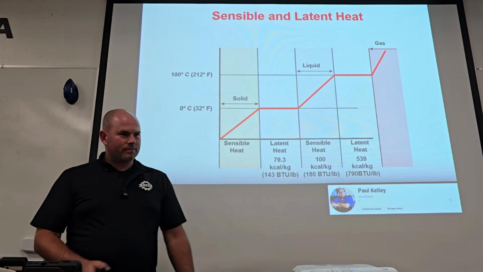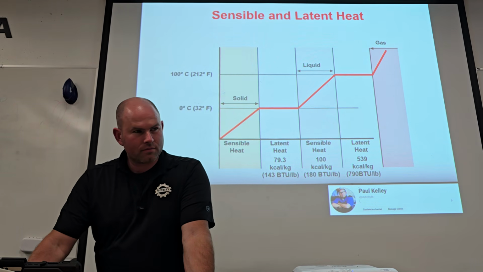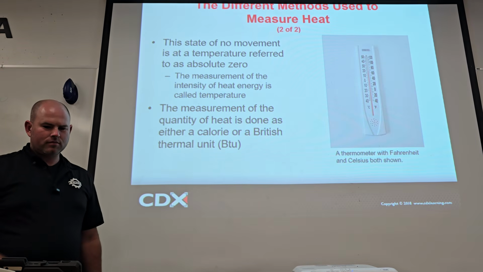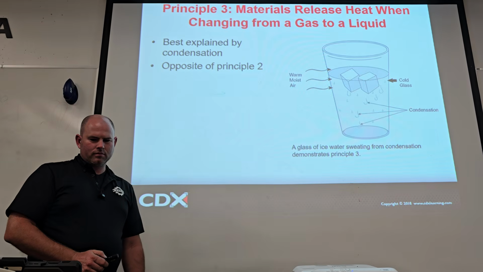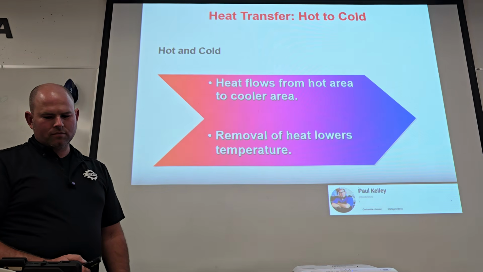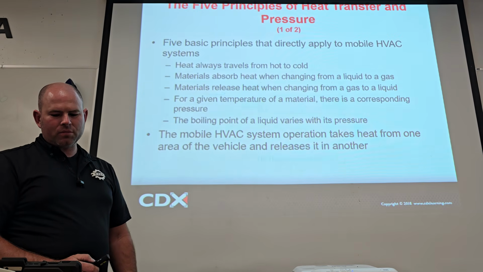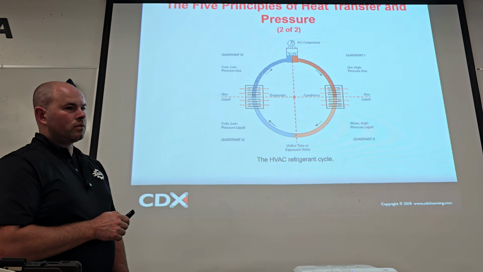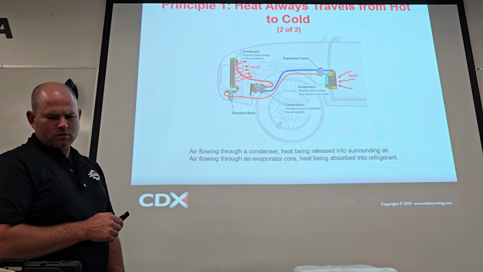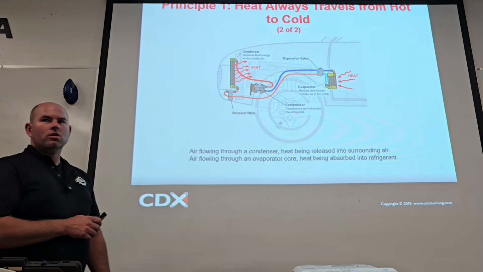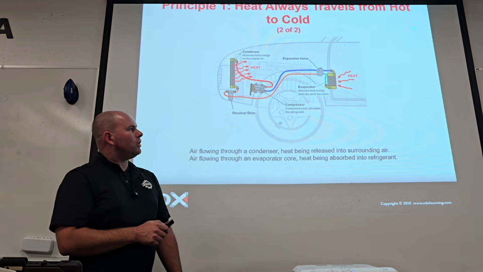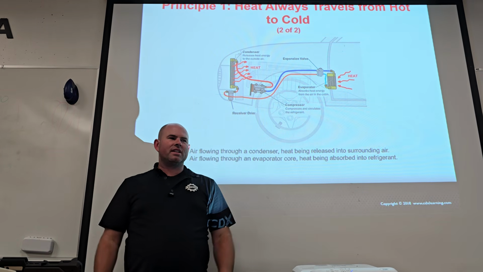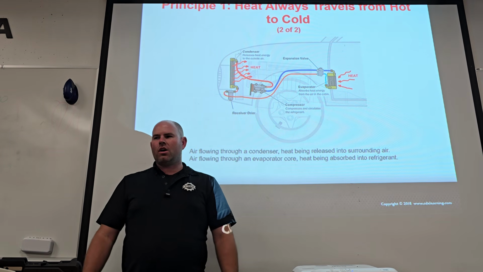All right, cool. Can you explain the principle one video slide, the one with the car there? Principle 1 was hot to cold. Hot to cold, yeah. Let's say we're talking about AC. Why do you run your AC? It's hot in the car.